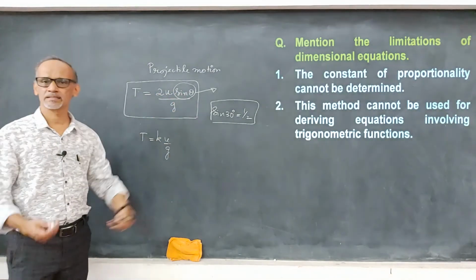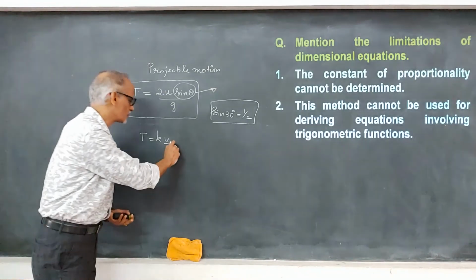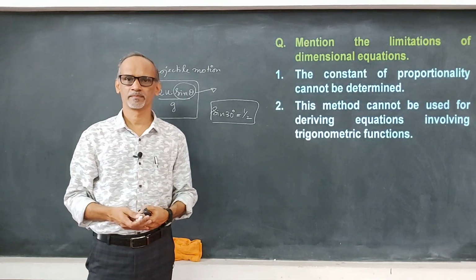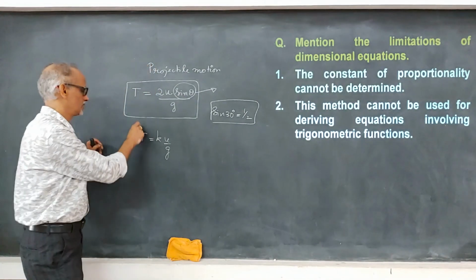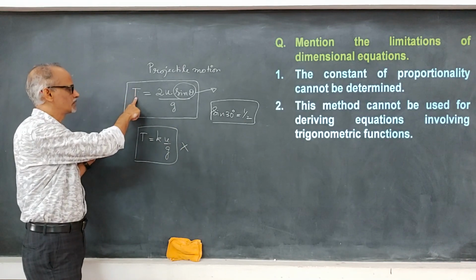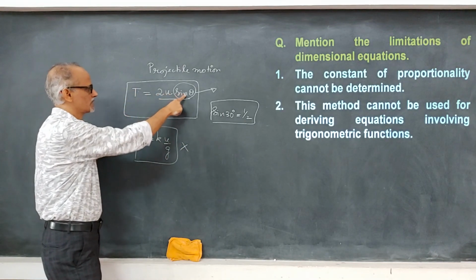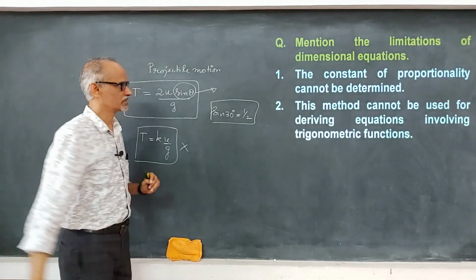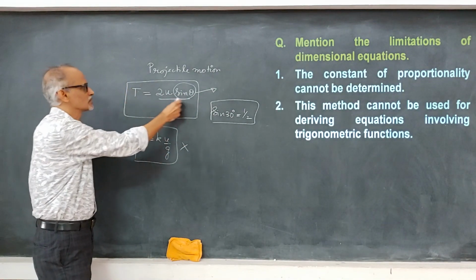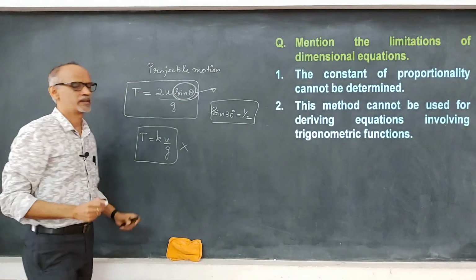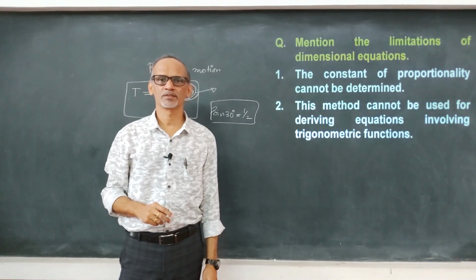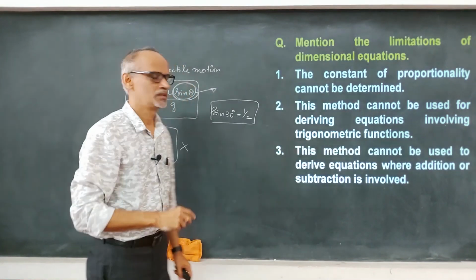Then this sine theta has no dimensional formula, that is why we do not get that particular term while deriving. So, this equation is definitely not a correct equation, because the actual equation is T is equal to 2u sin theta by G. That is the limitation: this method cannot be used in deriving equations involving trigonometric functions. Hope you have understood the example illustration for limitation number 2.